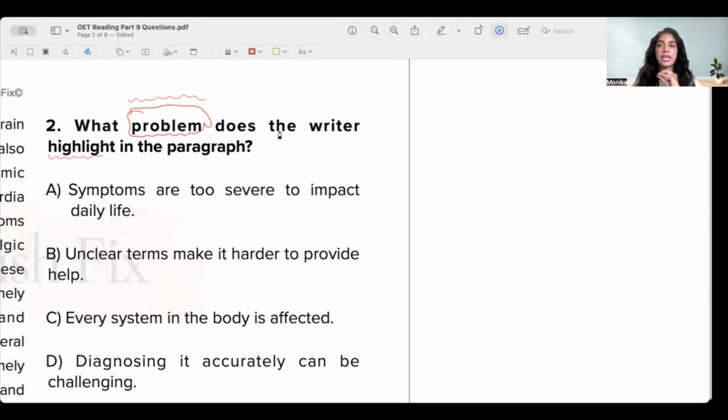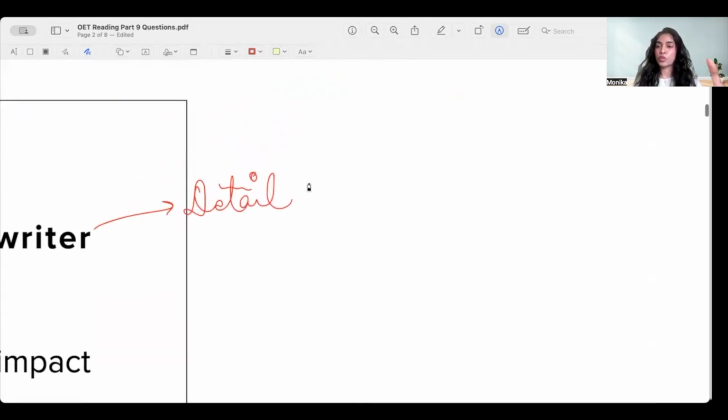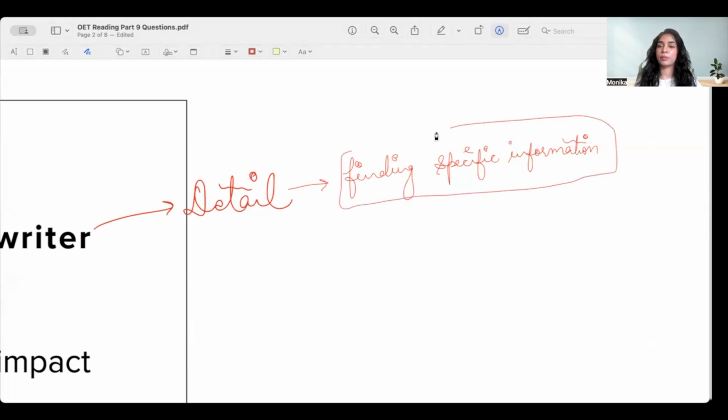a benefit, anything. When you deal with the detailed question, it's important to understand that in order to answer it, the reading technique relies heavily on finding specific information. If I don't find this specific information and I keep on reading the entire paragraph just for the gist of it, just for an overall understanding, I might waste my time a little bit.